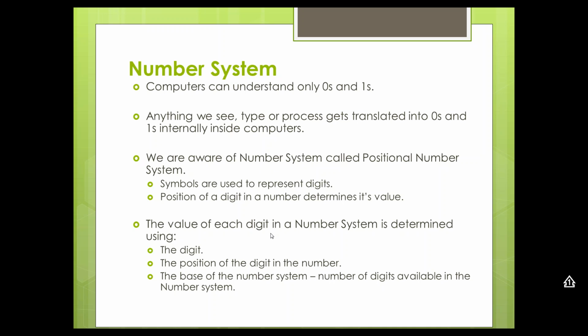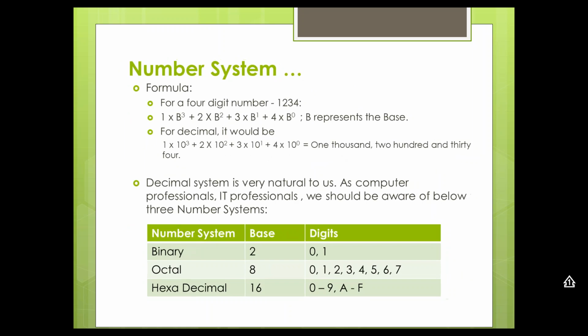Let's see a simple formula to arrive at the total value of a number and the individual value of a digit. For example, in the decimal system, take a 4-digit number, 1, 2, 3, 4. The total value of the whole number is 1234. How do we get that?